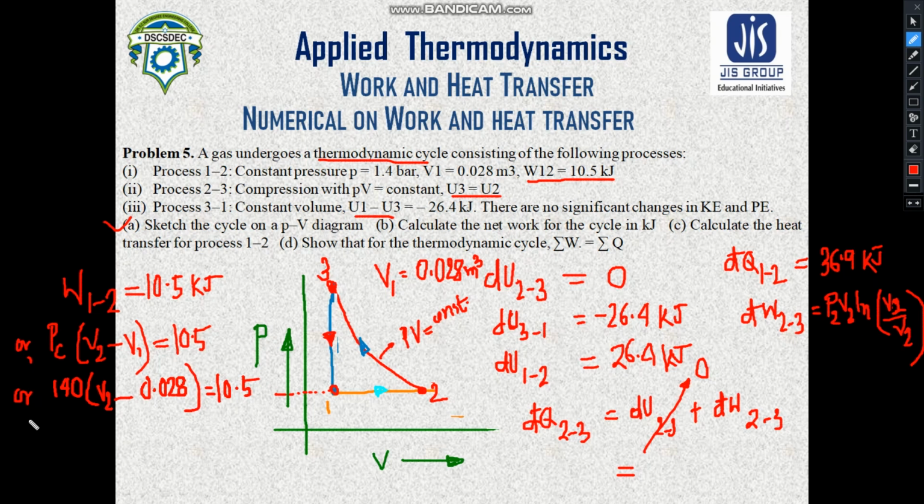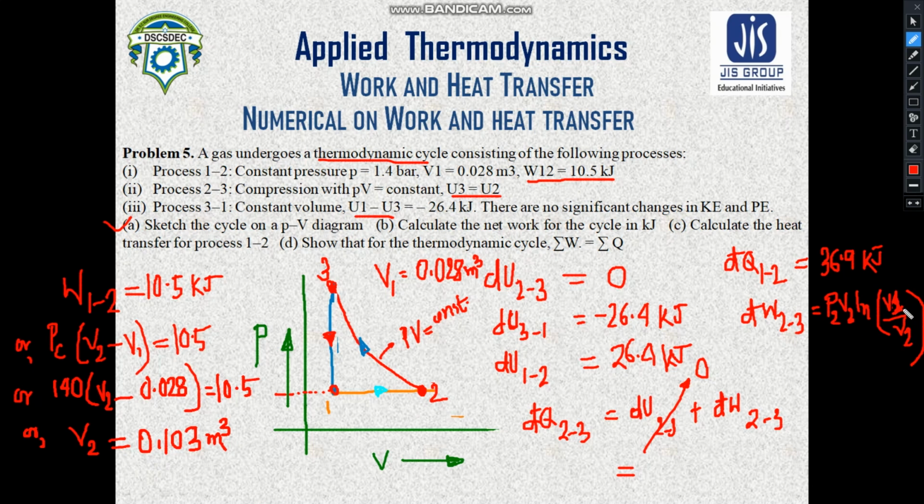So solving this equation, you will find V2 as 0.103 meter cube. Now you have found out the value of the volume at state 2. Since you have found out the value of V2, you can put it here.